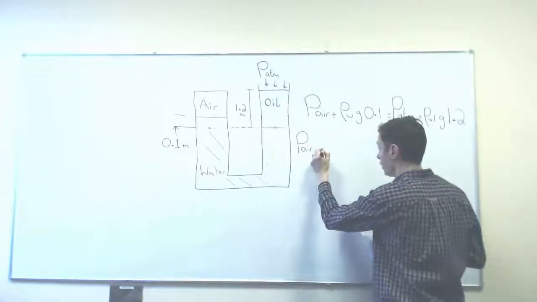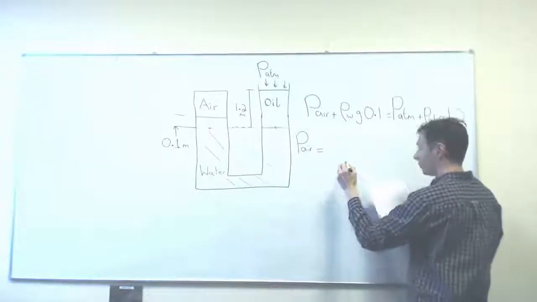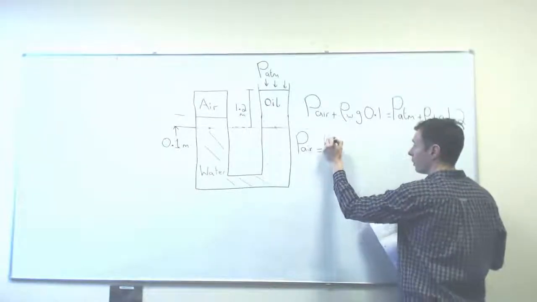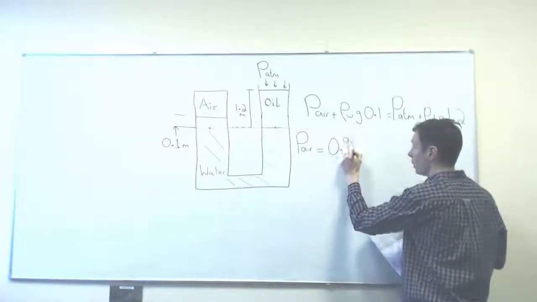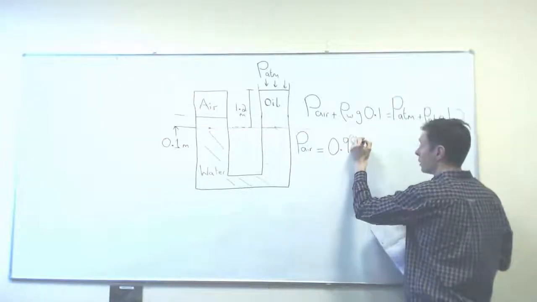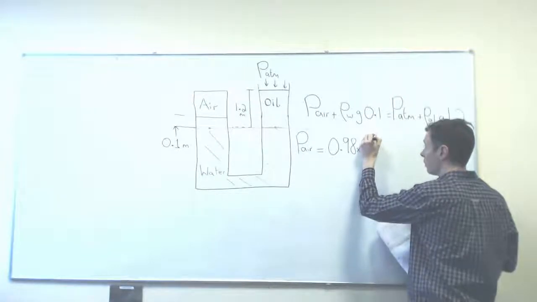So the pressure of the air is equal to the atmospheric pressure, 0.98 times 10 to the 5.